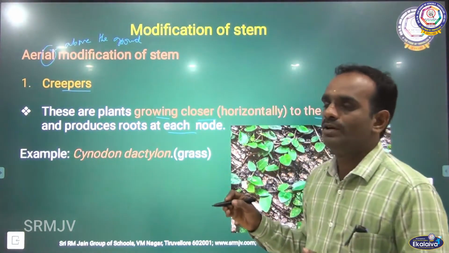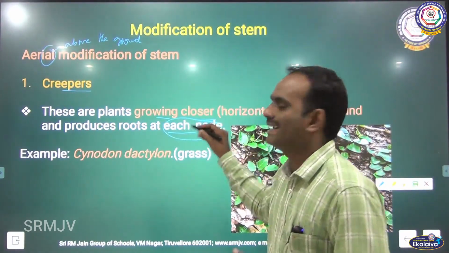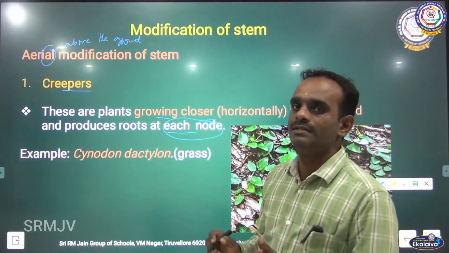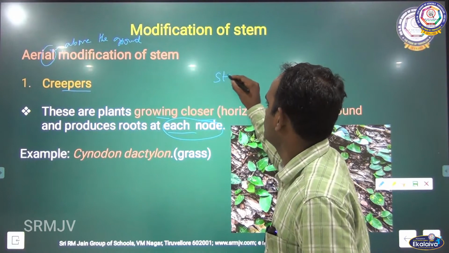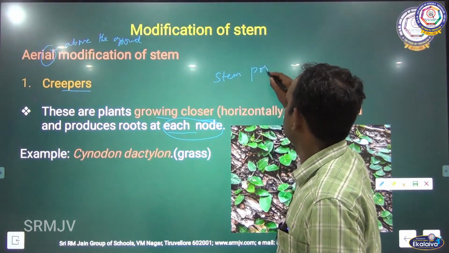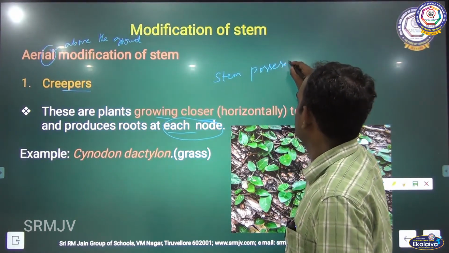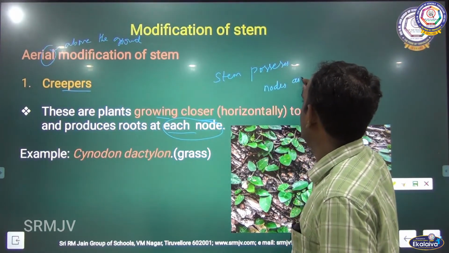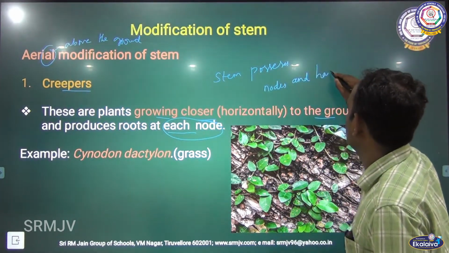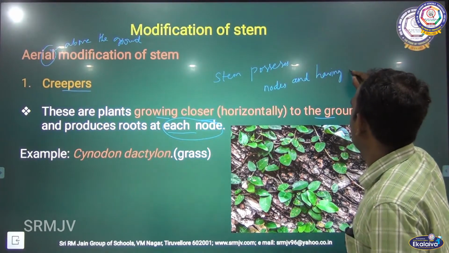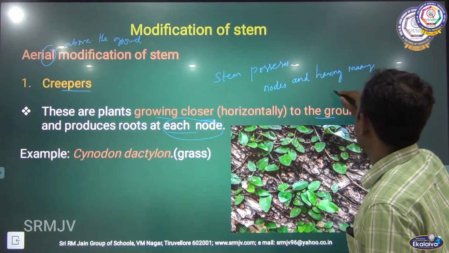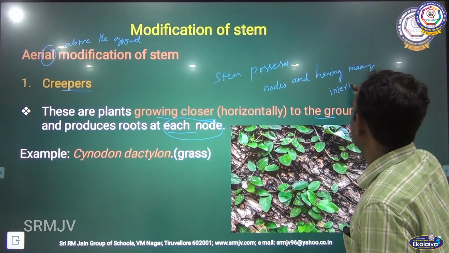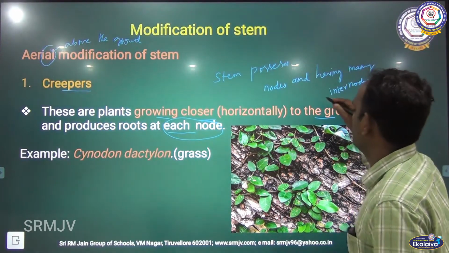One of the main important characteristic features of the stem is that the stem possesses nodes and many internodes.